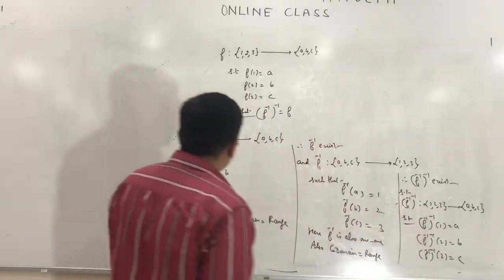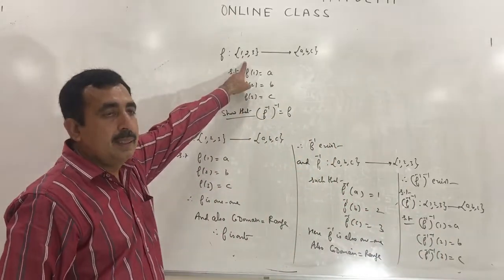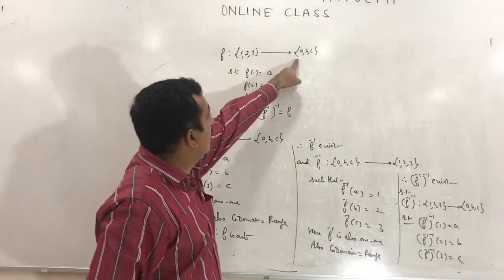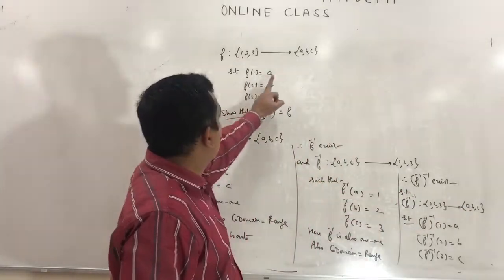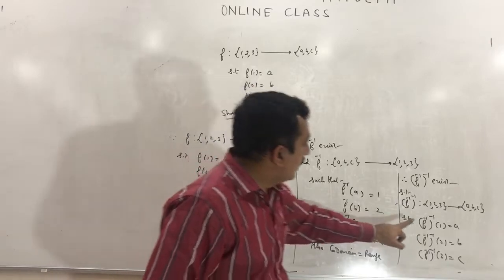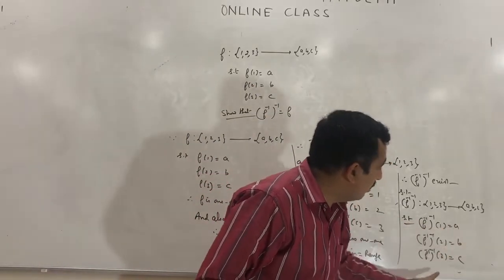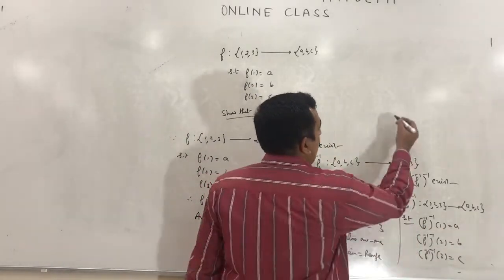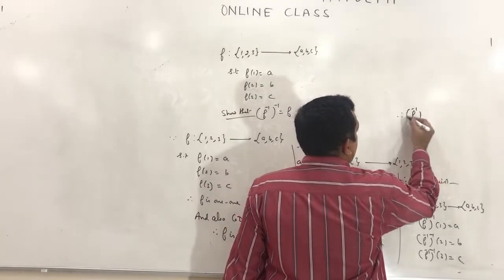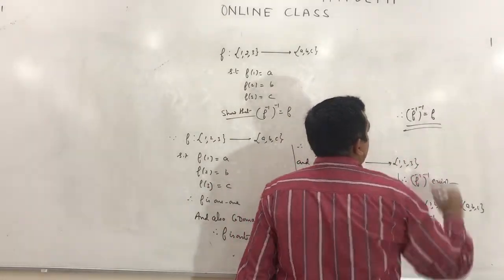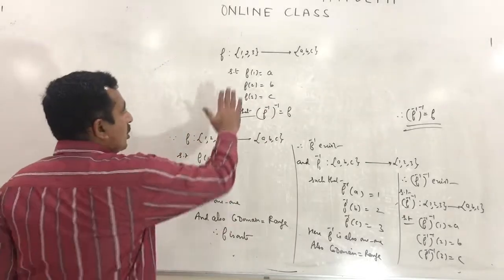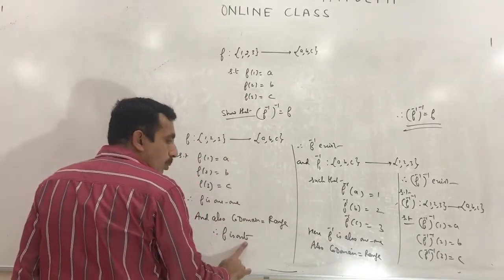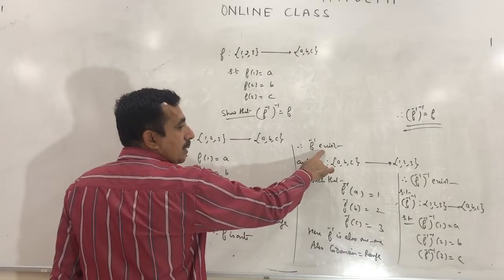Now this and this, they are the same. f is from {1, 2, 3} to {A, B, C}, and f inverse also. f(1) answer A, 2 answer B, 3 answer C. Inverse: 1 answer A, 2 answer B. And therefore you have to write down the inverse. When a function is one-one and onto both, then inverse exists.